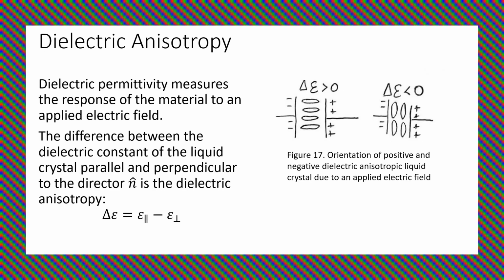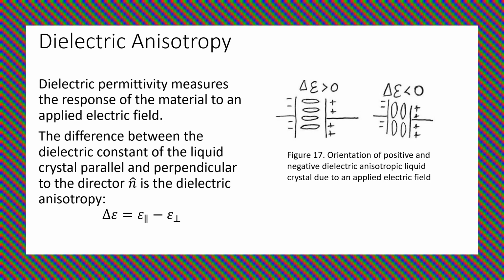The dielectric anisotropy measures the response of the material to an applied electric field. The dielectric permittivity parallel minus the perpendicular gives you the dielectric anisotropy, and this indicates what orientation the molecules would take if there's an applied electric field.